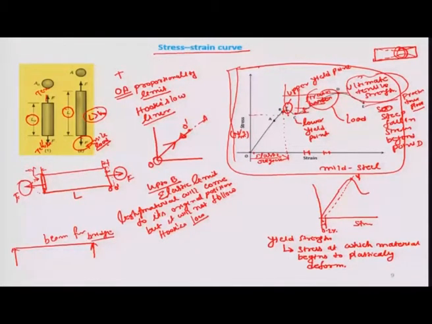You will have to consider each material's ultimate tensile strength, up to which that material can sustain itself. Otherwise, if you have chosen a material which can't sustain much load, what will happen? Fracture will take place. Okay.